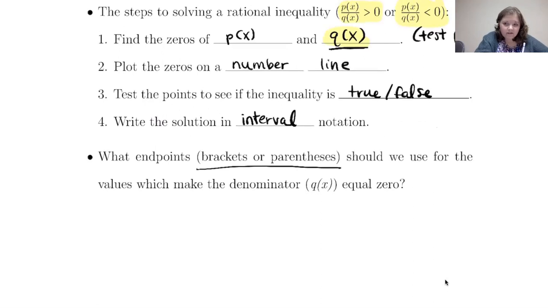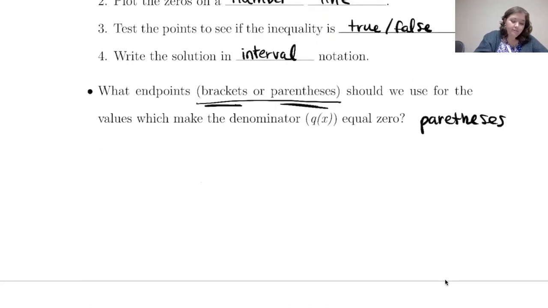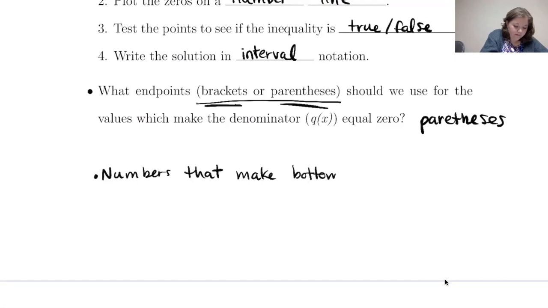So if those numbers make us divide by 0, we think about, is that going to be a bracket or a parentheses? We can't include it because it's dividing by 0, so we should use parentheses for those. But the numbers that come from the top of the fraction, you have to look at the sign. So I'm going to say numbers that come from the bottom of the fraction, or numbers that make the bottom 0, always get parentheses.